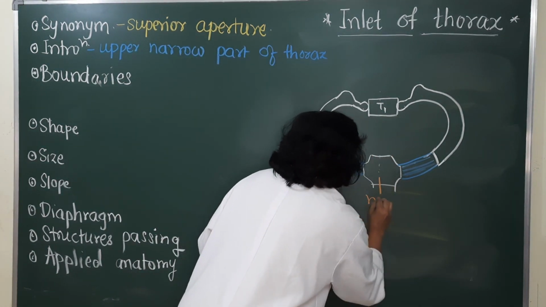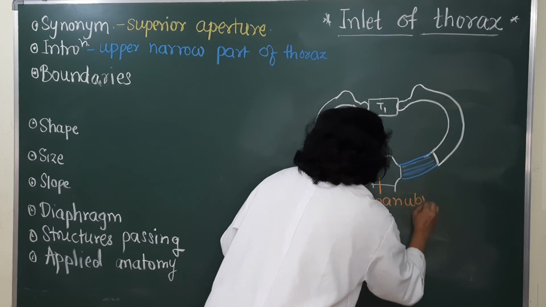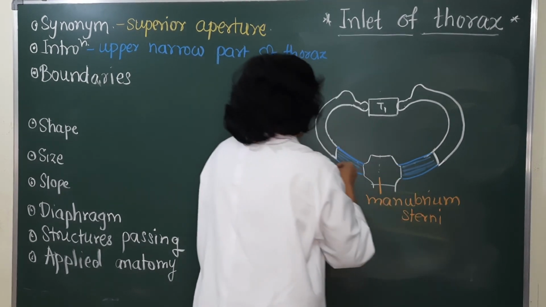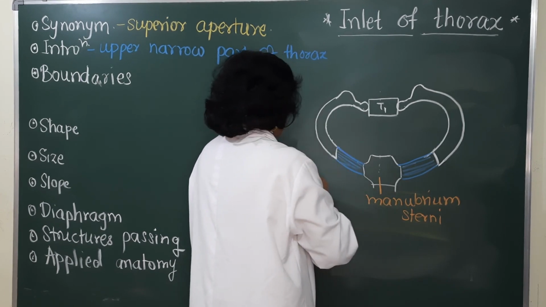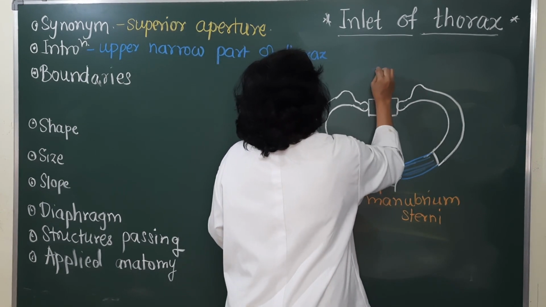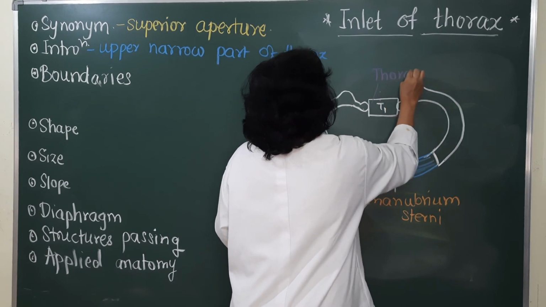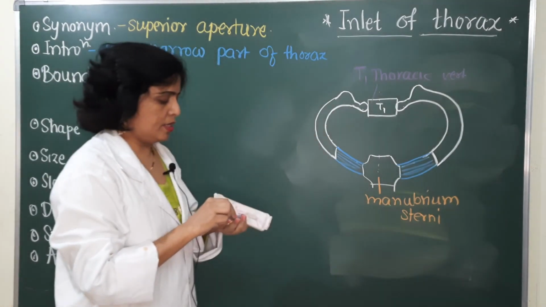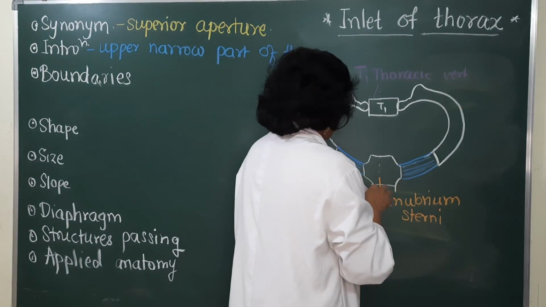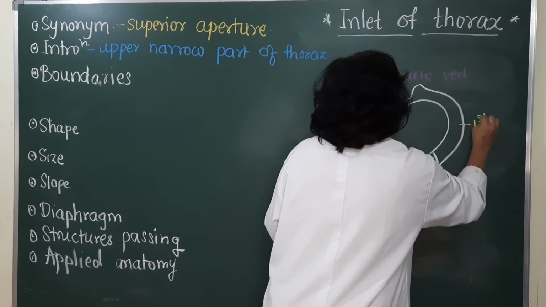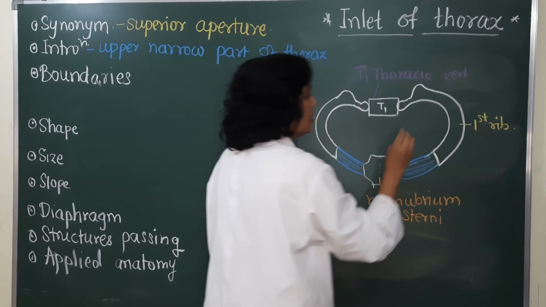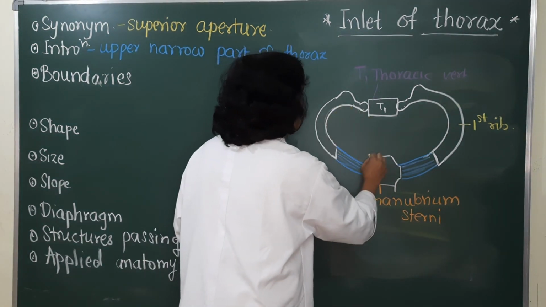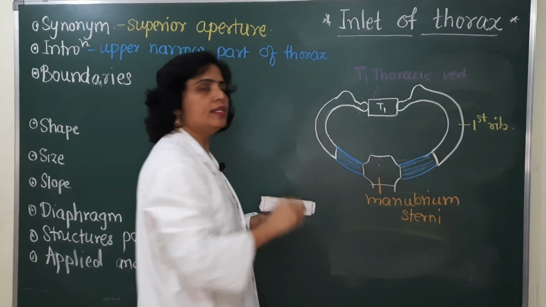So this is the manubrium sterni, and on the posterior side this is the thoracic vertebra, to be specific the first thoracic vertebra, and on either side you get the first rib with its costal cartilage. And this is actually the inlet of the thorax.